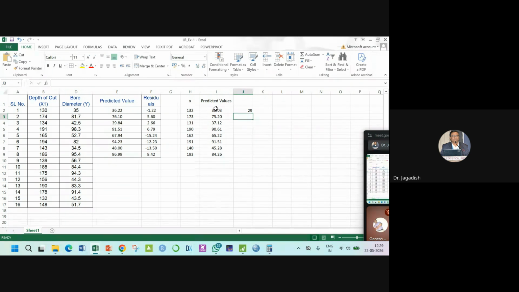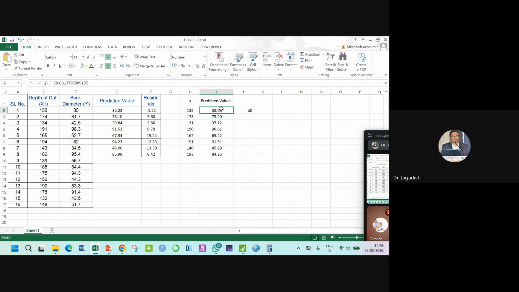So here you are getting 38, maybe you are getting around 30 or 29, or even lesser, even more also. If here you are getting 38, you may actually be getting 40. What I'm trying to say is that if the predicted R square is very high, then the predicted values will match the experimental values.